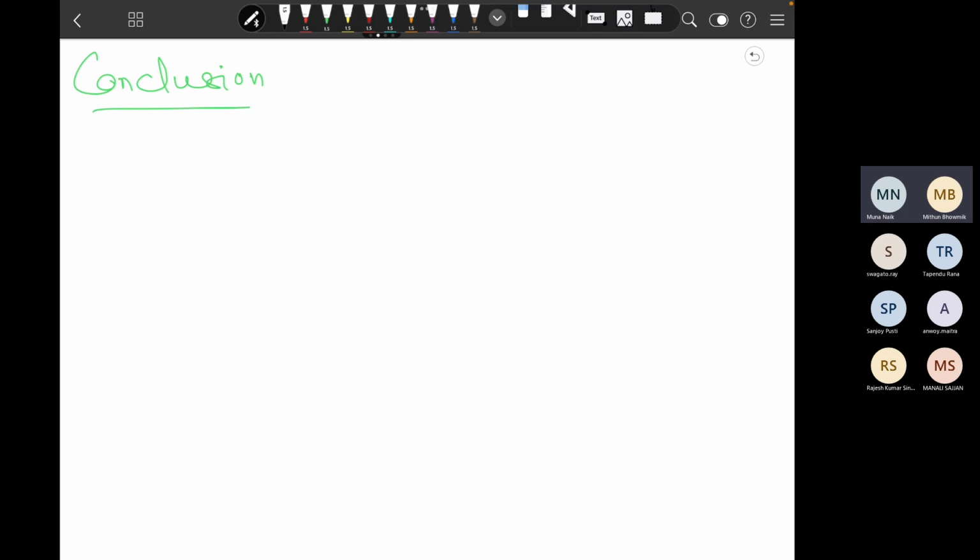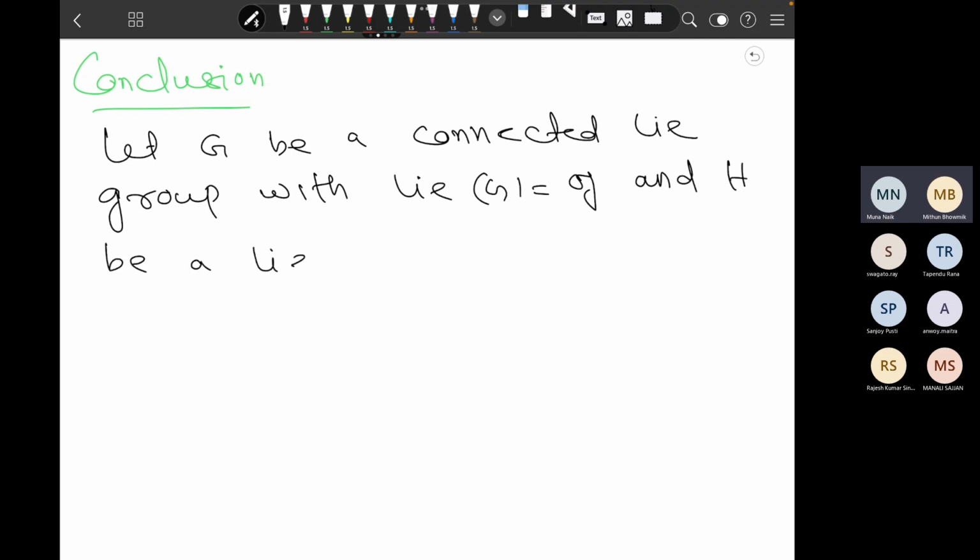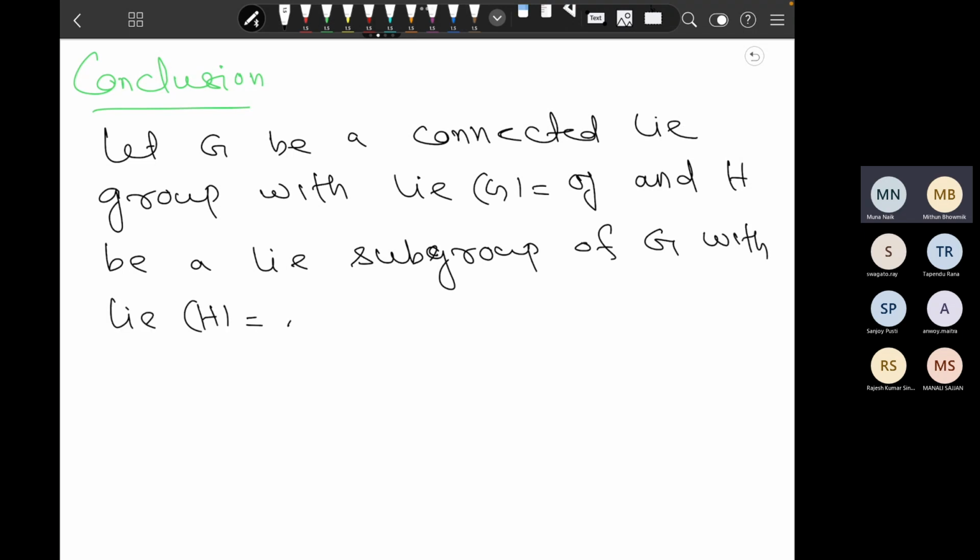Let G be a Lie group with Lie algebra of G equal to g and H be a Lie subgroup of G with Lie algebra of H equal to h.